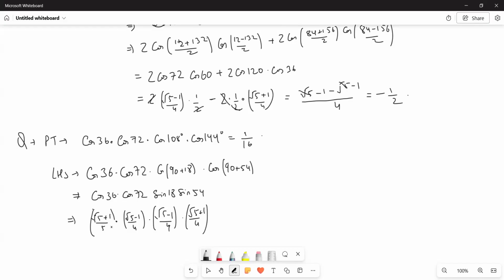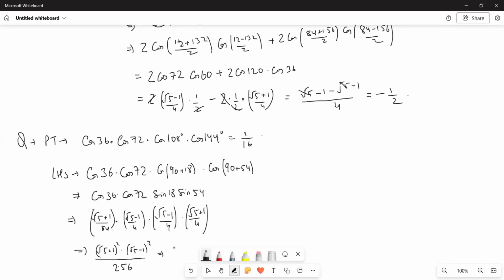In a way it has become a square. This is like (root 5 plus 1) whole square into (root 5 minus 1) whole square, whole divided by 4, 16, I mean 2 to the power 8, 256.